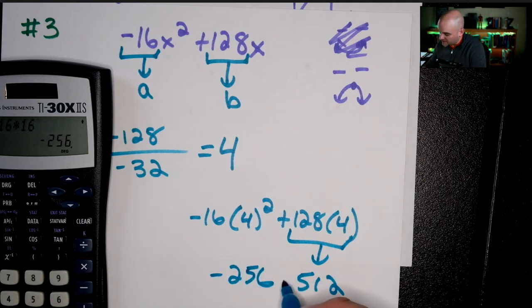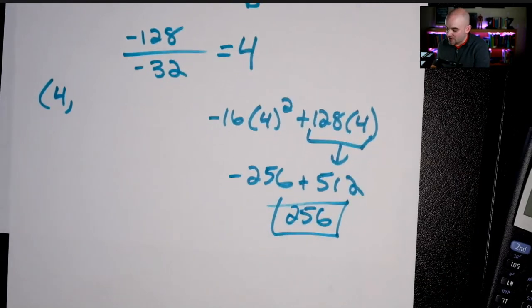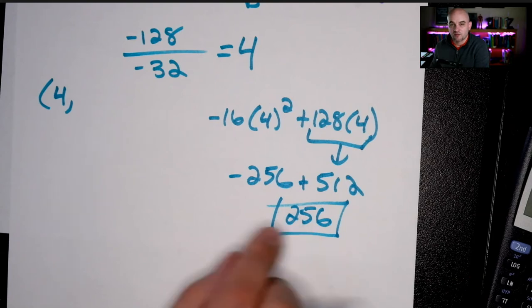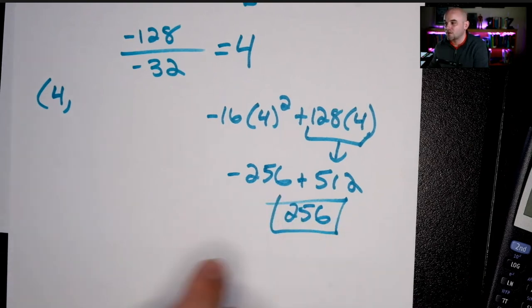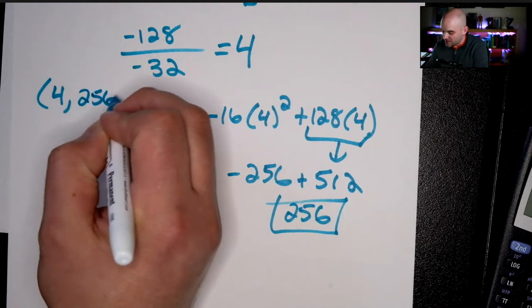And I believe that's exactly half of that, but let's just go ahead and add 512 to it, and it is 256 is our answer. That should be positive, and that makes sense because we're talking about height. We're not going to have a negative height, at least not on this one. There are cases in physics when we're doing problems where we get a negative height, but don't worry about that for right now. So this is 256.